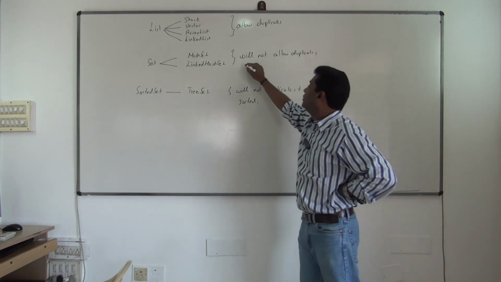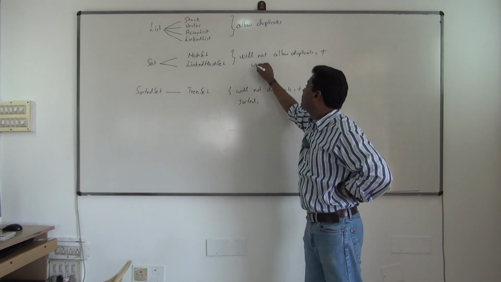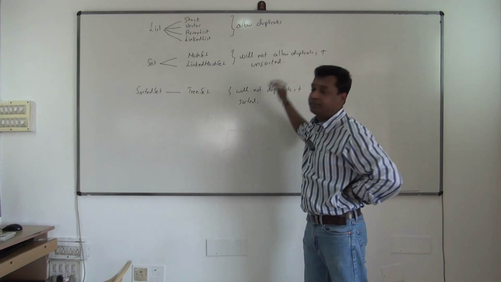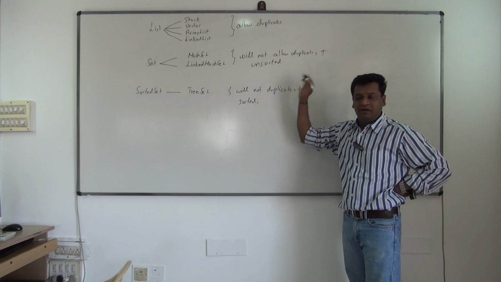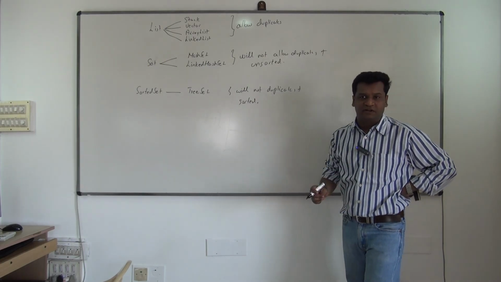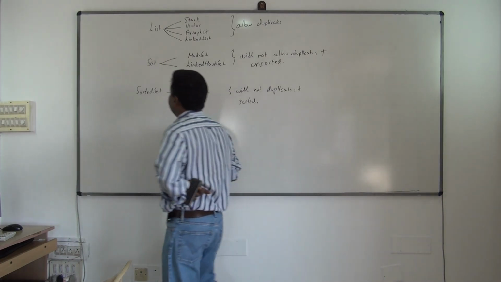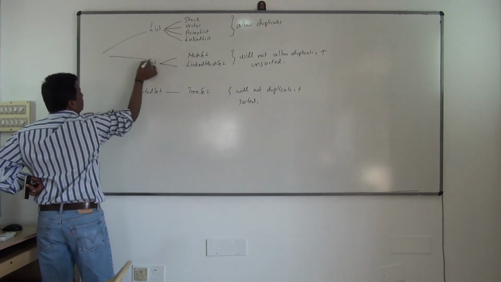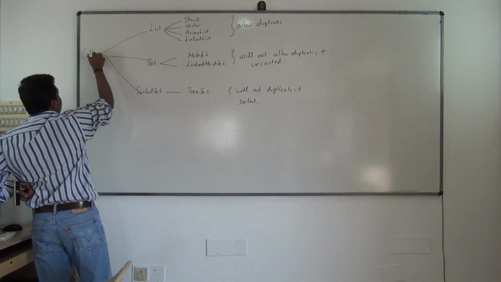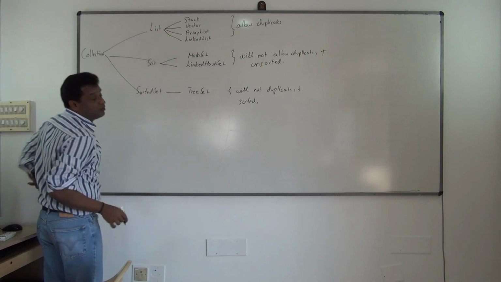Here it is unsorted. That's the difference between set and sorted set. And again if you notice, collection is the super interface for list, set and sorted set.